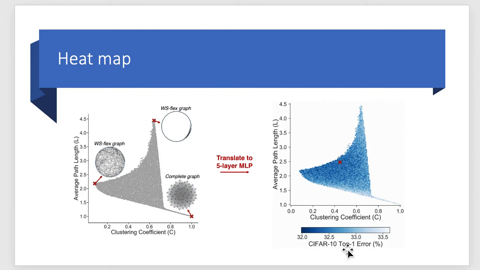They use the metric top one error rate to show this. The top one error rate is the error rate for the class with the highest probability.